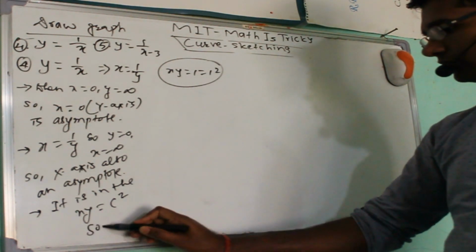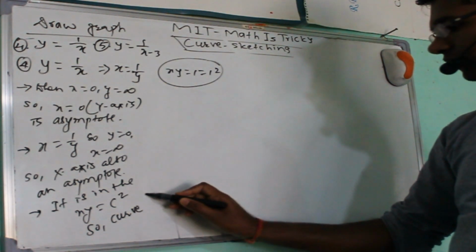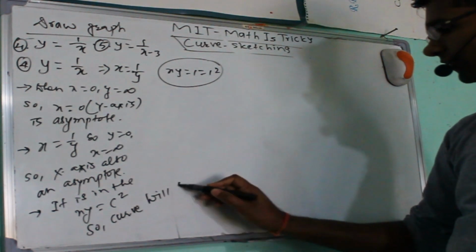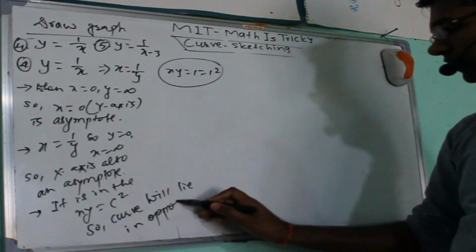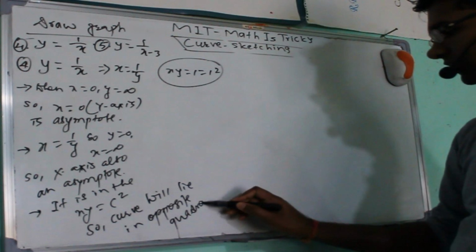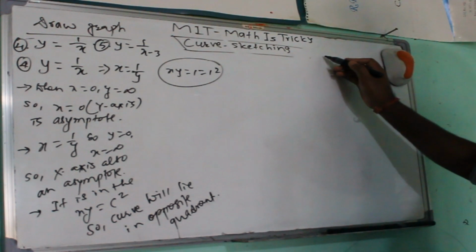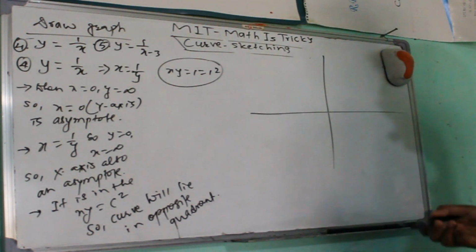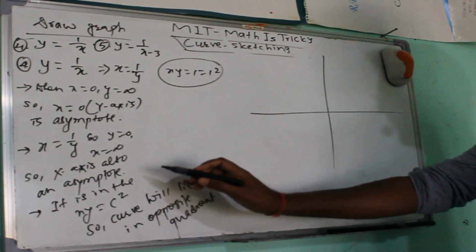So the curve will lie in opposite quadrants. Okay, so let's draw the graph based on this. So what is happening here?